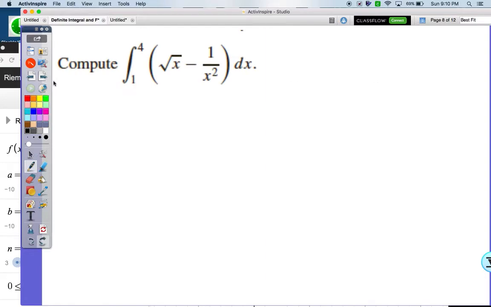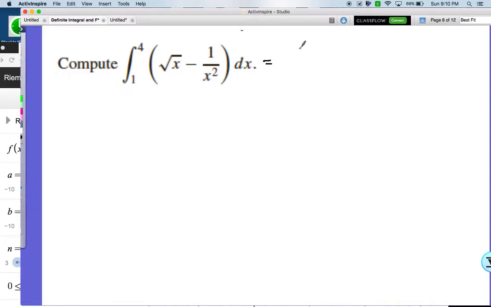A little bit more complex antiderivative here. This is x to the 1/2, so it goes up to the 3/2. Then you can either divide by 3/2 or flip it over and multiply by 2/3. x squared on the bottom is x to the negative 2, so it would go up to -1 and then divide by -1, so this becomes plus 1/x.